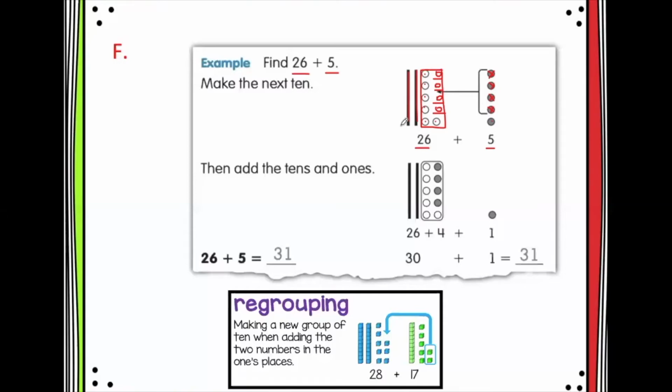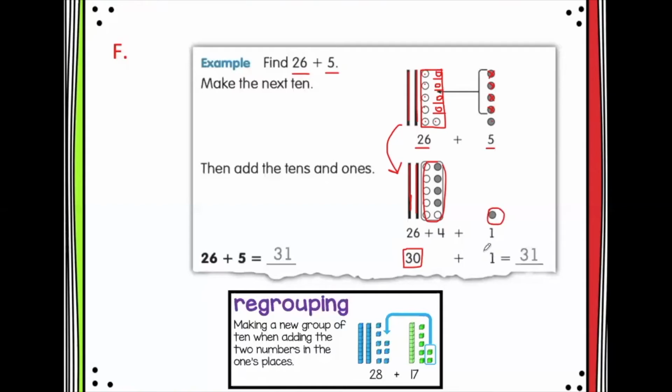So if we look down here now, here's a nice, neat example. We had our 2 tens, 10, 20, and this new group of 10, which would be 30, 10, 20, 30. Here's our 30. Plus, once we took 4 from our 5, 5 minus 4 only equals 1.